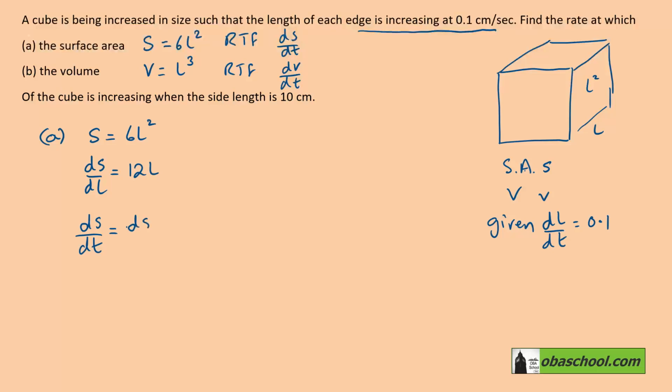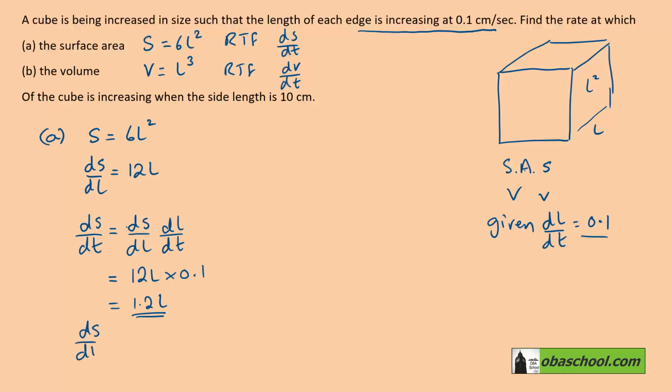And that chain is dS/dL times dL/dt. Notice how if you cancel the dL's, now I know these aren't fractions, you get dS/dt on this side. So dS/dL is 12L, and dL/dt is 0.1. So this is 1.2L.